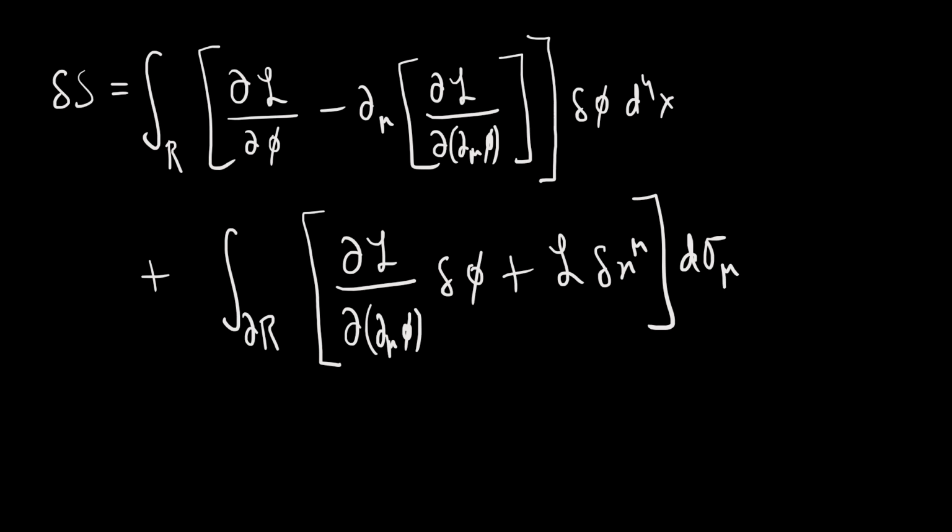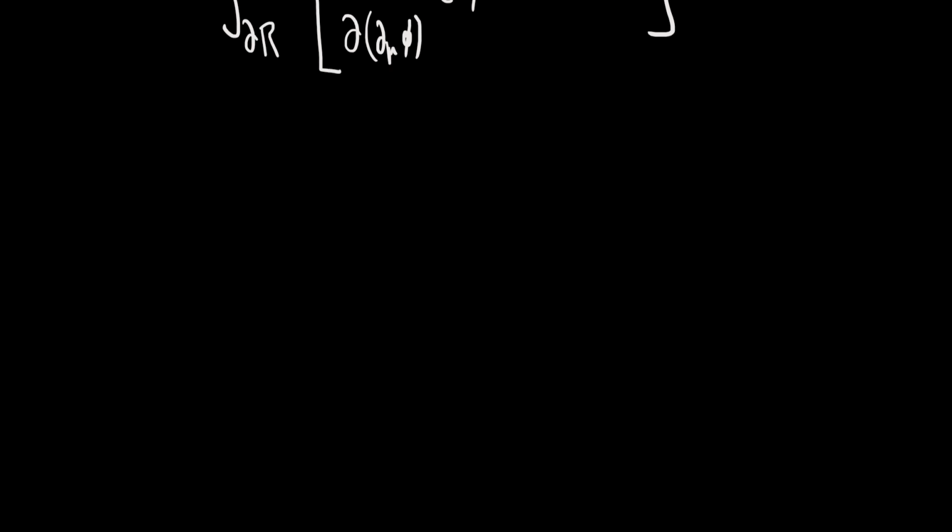Now we know that our variations vanish at boundaries. So delta phi equals delta x mu equals 0 on our boundary. So our integral over the boundary vanishes.